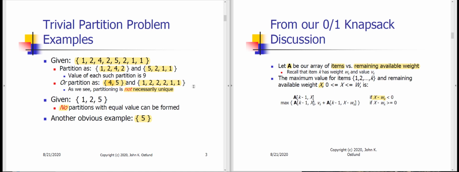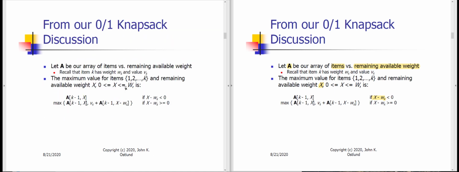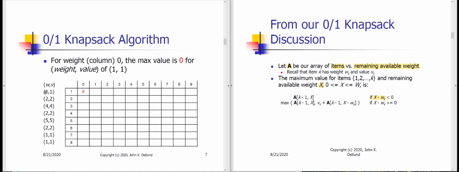It may not be the same partition, but if it's possible to get a partition from this set, you will get a partition no matter what order you have put these values in. But our values in our array are going to be in the same order as in this multiset: 1, 2, 4, 2, 5, 2, 1, 1. And we're taking those as both our weights and our values for each of those items.